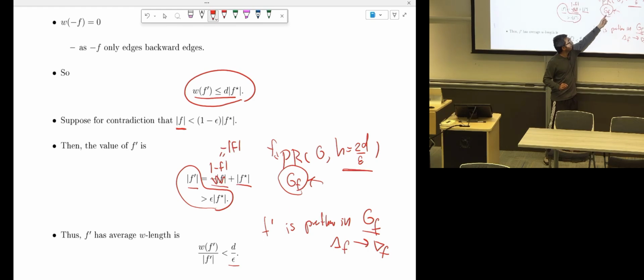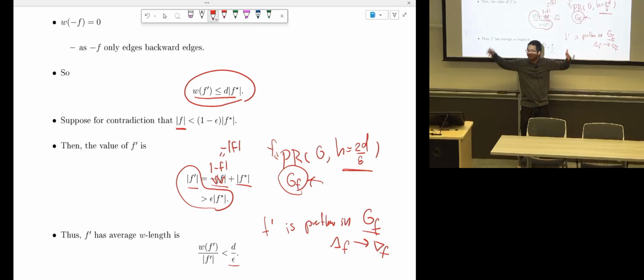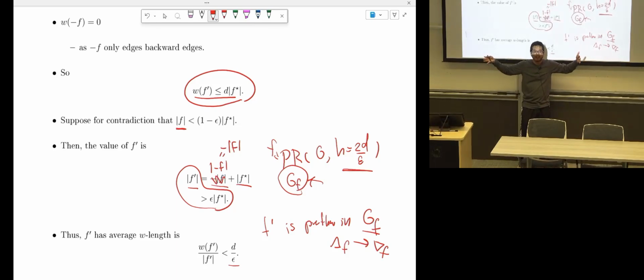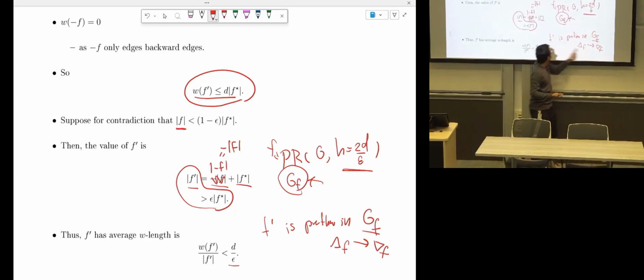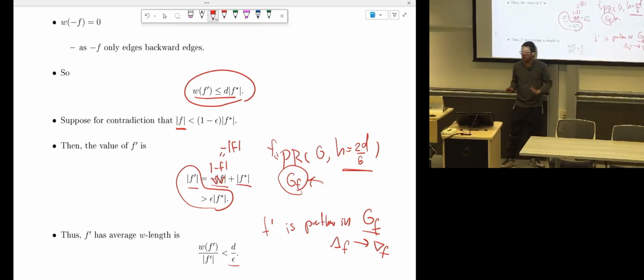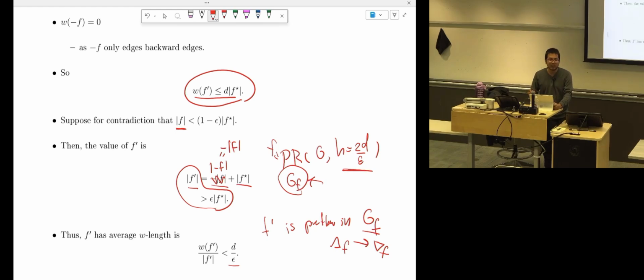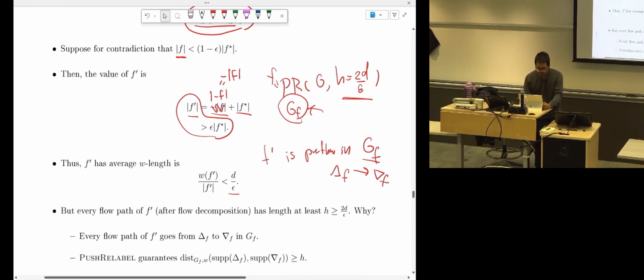But in G_F, push-relabel just guarantees that they are far. Every path from source to sink is just far, much more than this one, like twice this, right? So that's a contradiction.